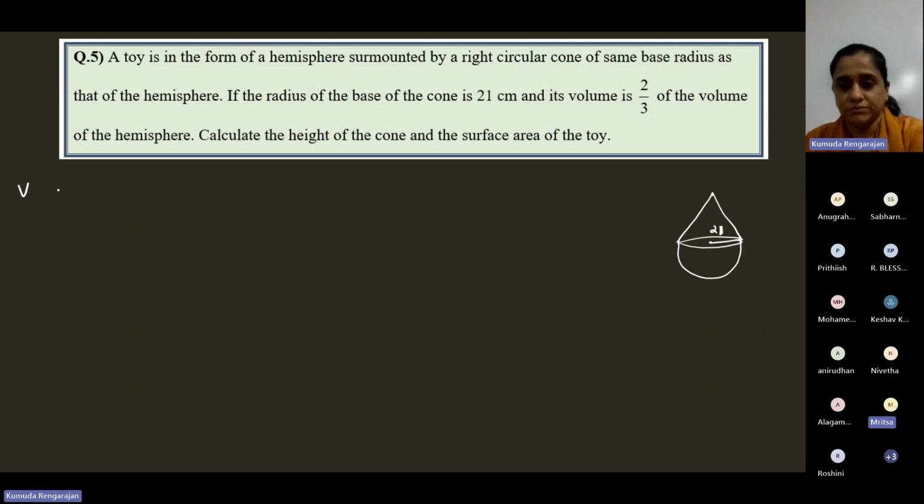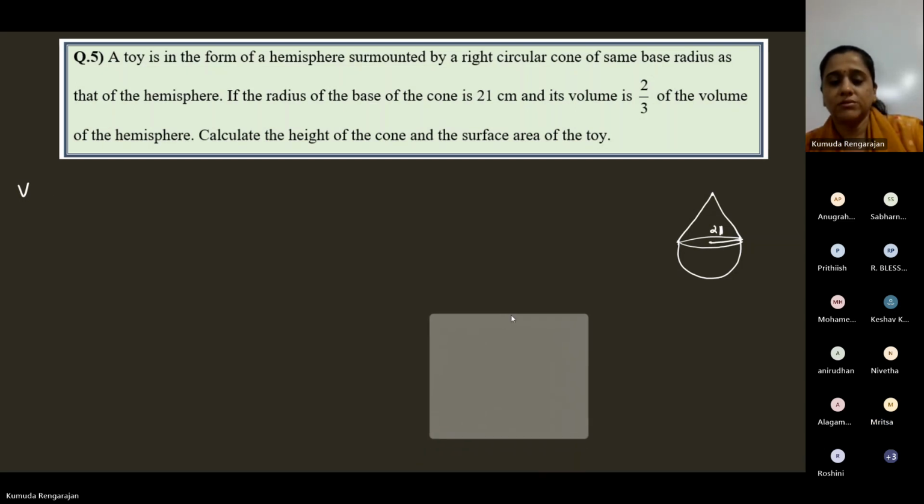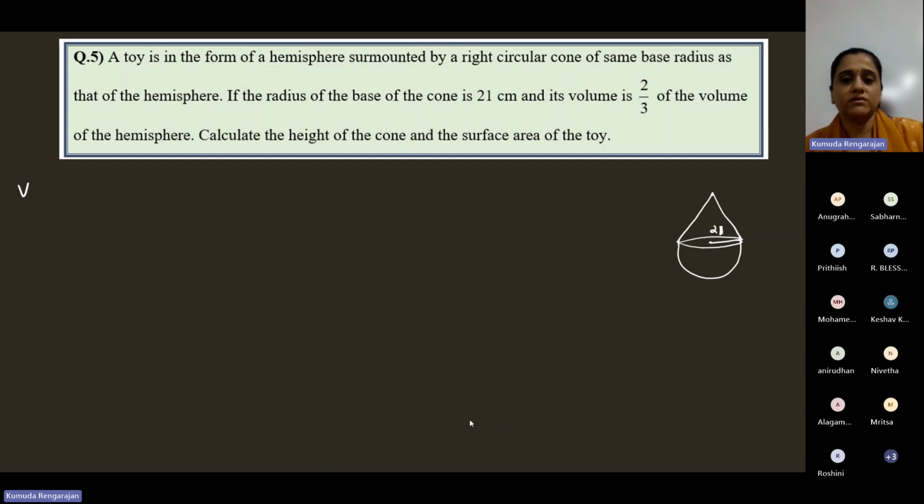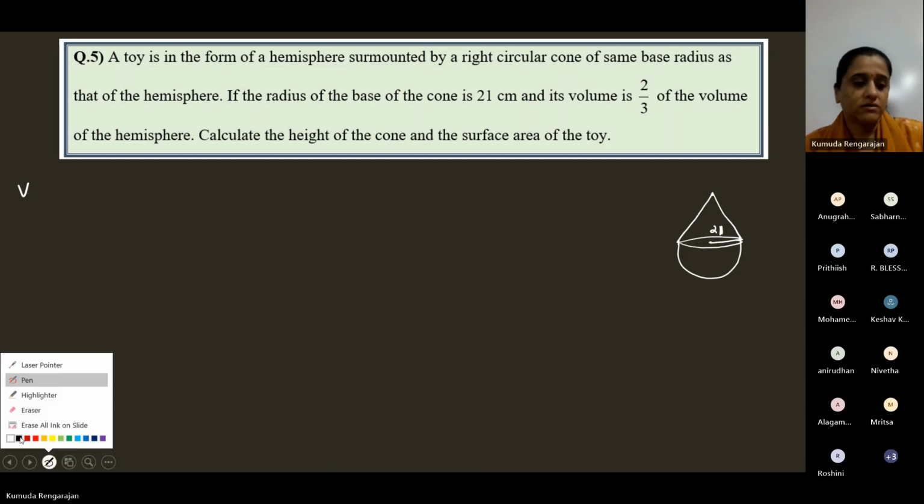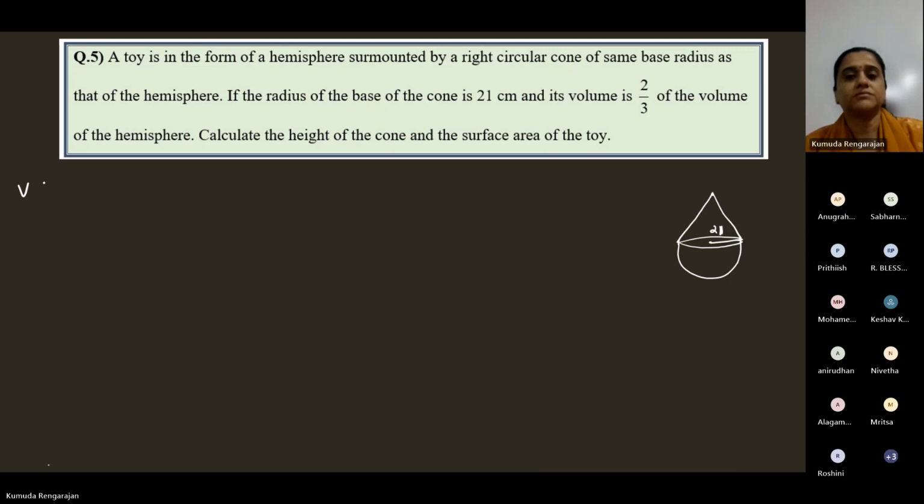Ma'am, 42 centimeter. Which sum? 42, is it? Yes. Okay.